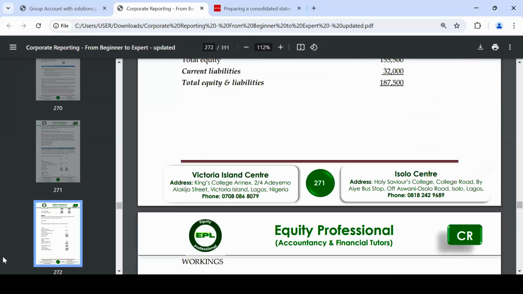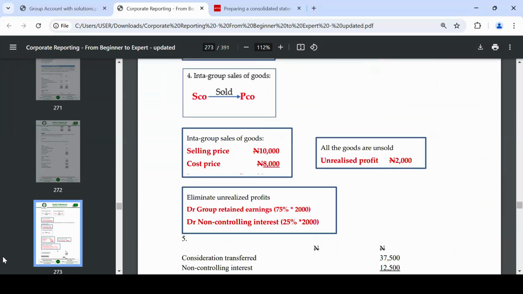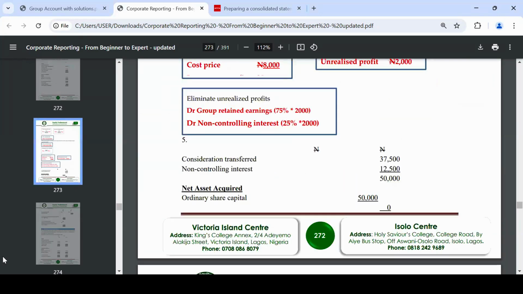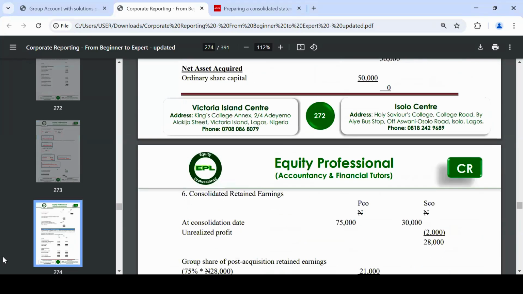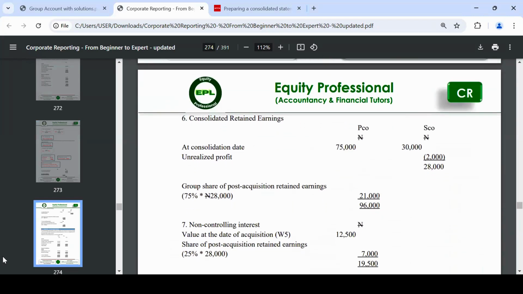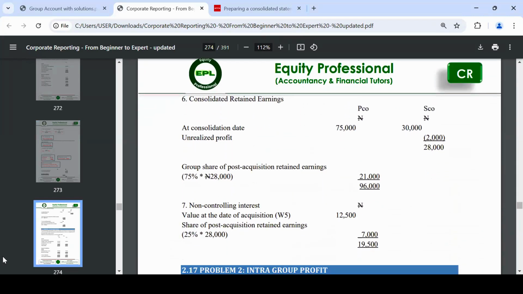Okay, let's look at how they did group retained earnings. Okay, you see that unrealized, they didn't split it into 1,500 and 500. I have told you the reason. It's an adjustment that affects both the parent and NCI.